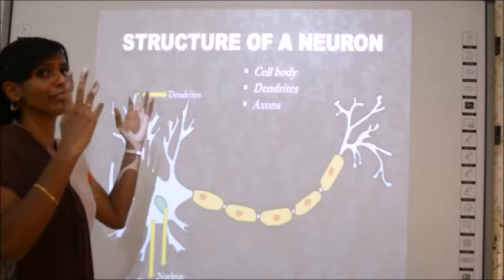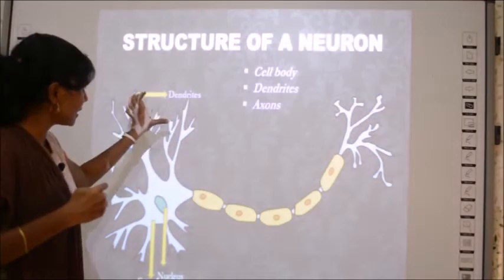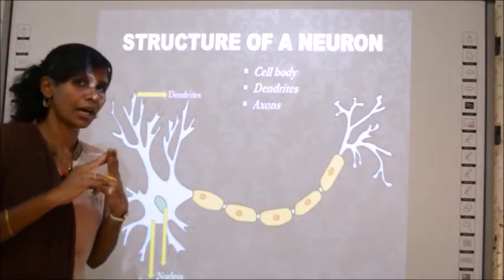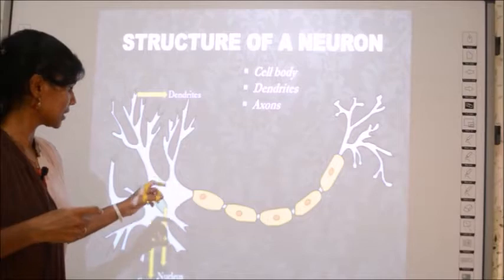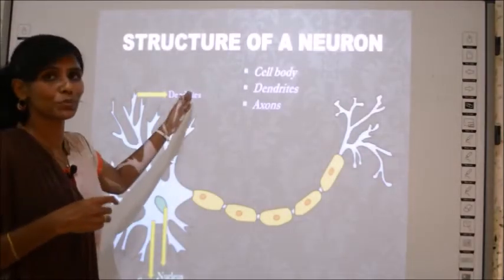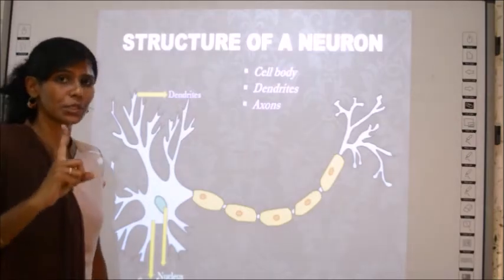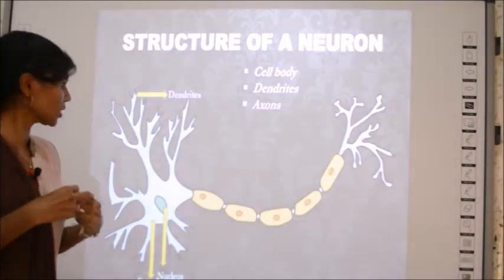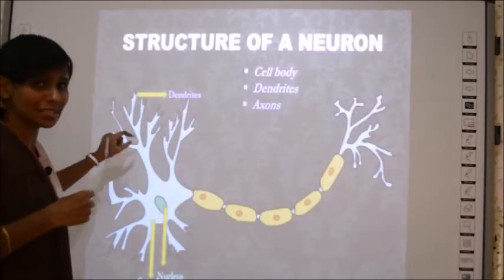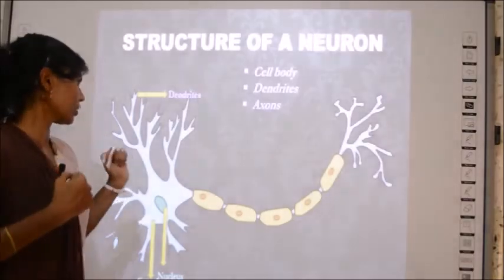It is extended further and branched to form a structure called dendrites. So the two qualities are, first, it is an extended cytoplasm, since the cytoplasm extends further in the form of branches. And the second property is that they are highly branched structures. Throughout you can see several branches, no? So they are called branched structures.